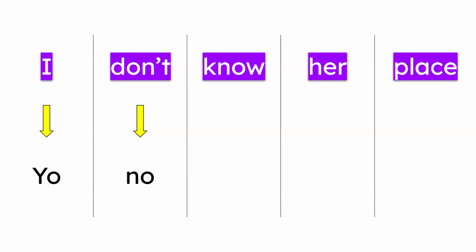Conocer. That's right. This is a place we're talking about. Then conocer. Yo no conozco her, easy, right? Su. Her or his, always su in Spanish. No conozco su place. If you know this word, place means lugar, right?